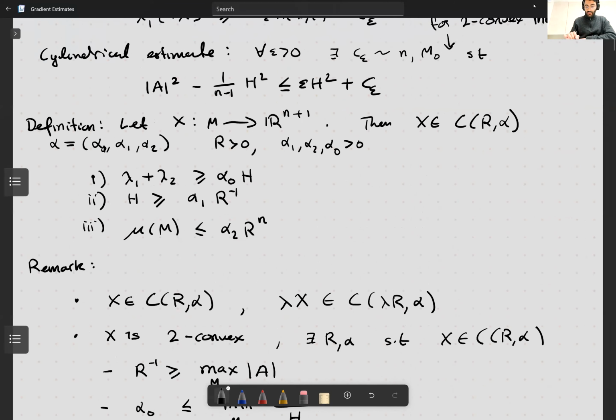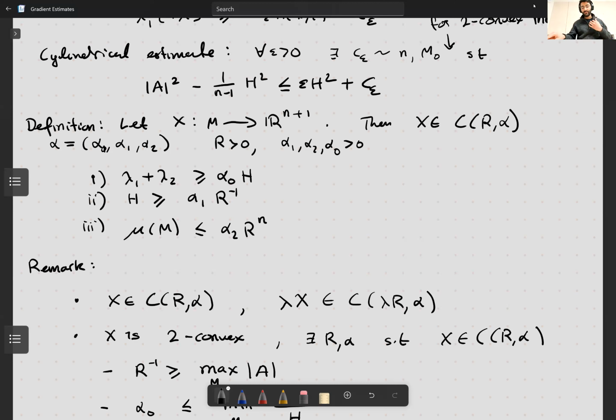If you have any hypersurface that's in C_R alpha, where alpha is this triplet, it's uniformly two-convex, lambda1 plus lambda2 is greater than or equal to alpha 0 H, H is greater than or equal to alpha 1 R inverse, and the area of M is less than or equal to alpha 2 R^n. We use this condition because under mean curvature flow, this is preserved.